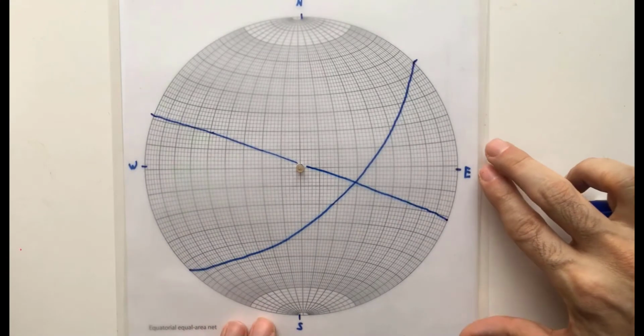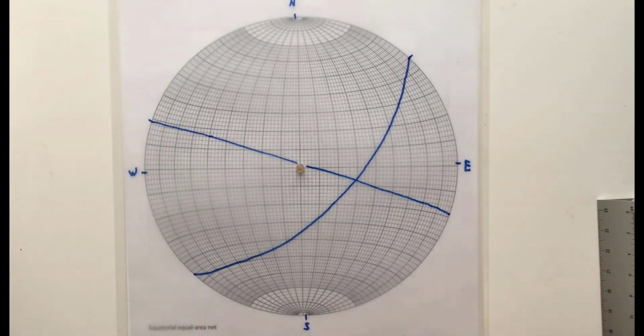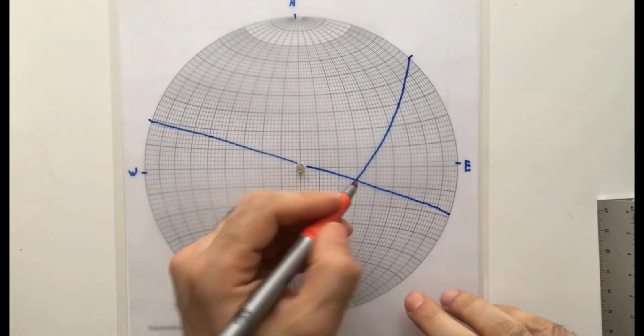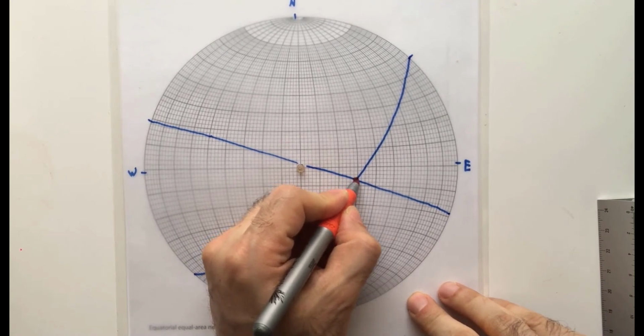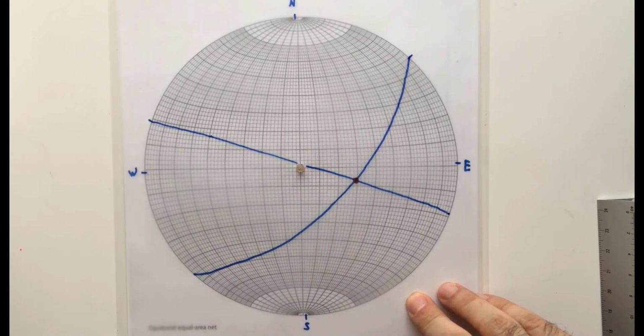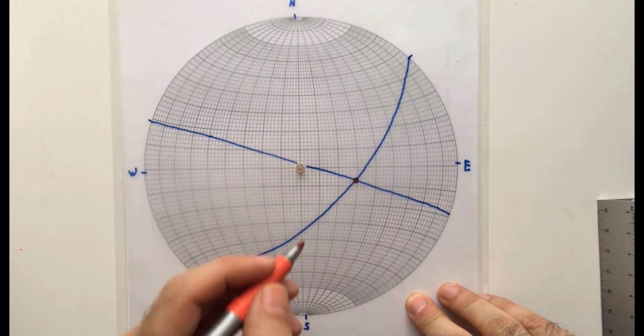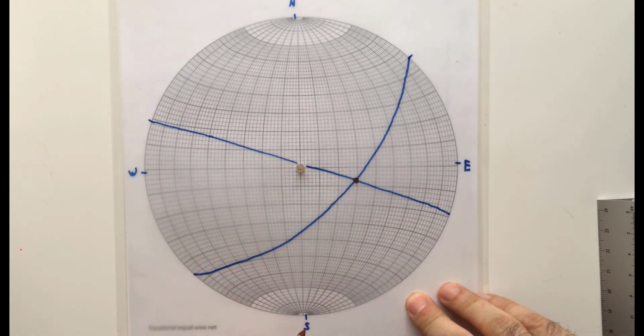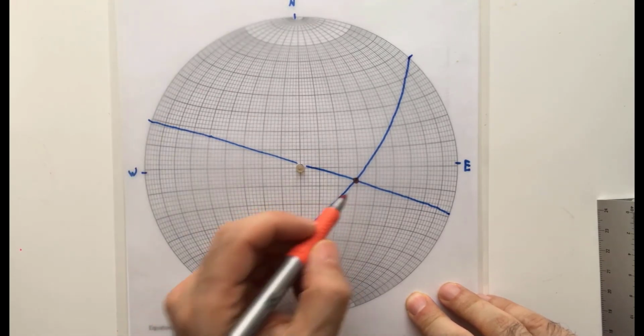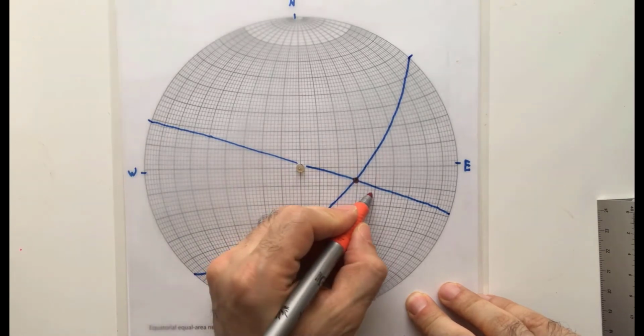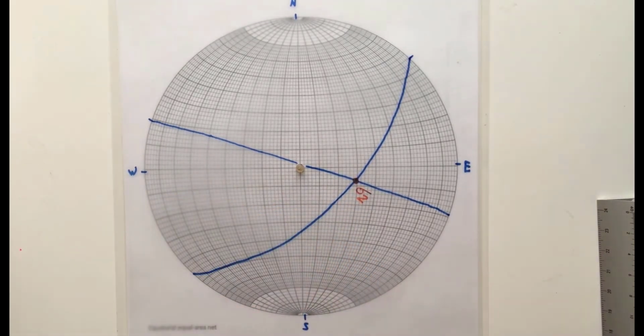All right, so here I have the intersection, and we know the intersection of the two conjugates is going to be sigma 2, right? This is sigma 2. We know that sigma 1, sigma 2, and sigma 3 are perpendicular to each other, right?